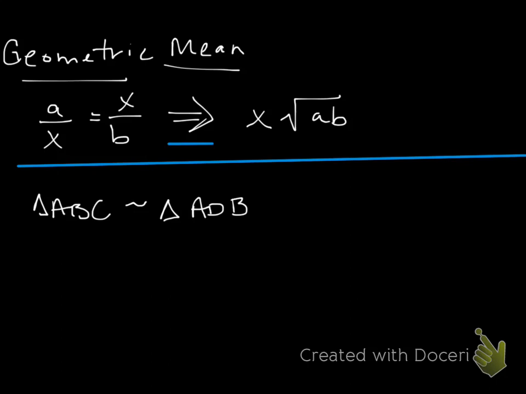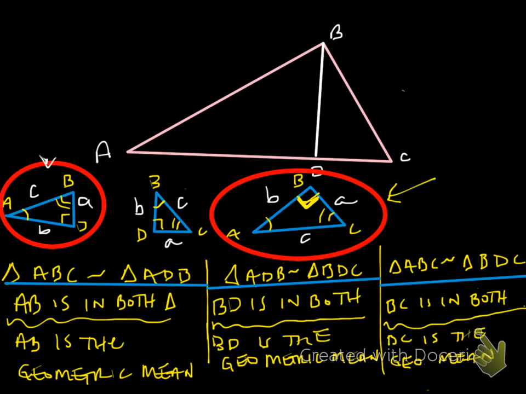Now, don't worry about this part for now. What we're going to really key in on in this particular section is the fact that two numbers that are the same are being multiplied together. And since two numbers that are the same are being multiplied together, that's how you end up with the geometric mean. So if you can recreate that proportion, you're going to have a geometric mean. So let's go back for just a second to triangle ABC similar to triangle ADB.